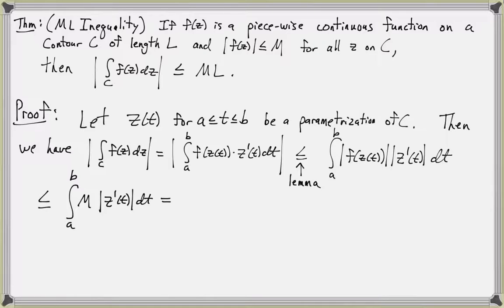And since M is just a constant, I can pull M out of this integral. This is M times the integral from a to b of the absolute value of z prime of t dt.